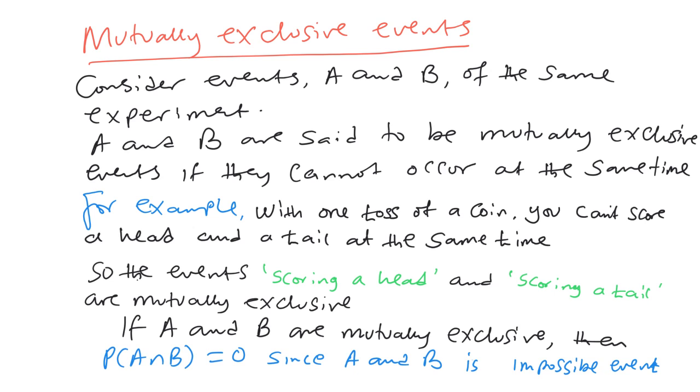For example, if they say the baby born is both a girl and a boy, that cannot happen. In normal nature, you either have a boy or a girl, but not both. So you can't have a girl and a boy happening at the same time. That's what we have to know about mutually exclusive events.